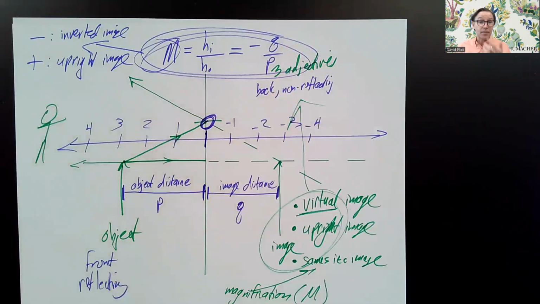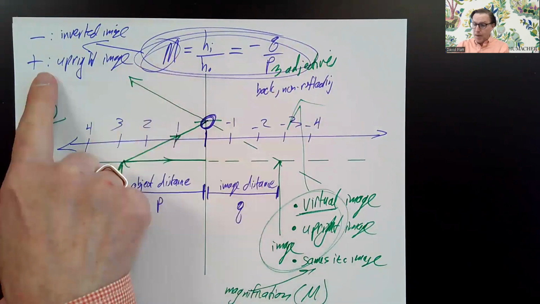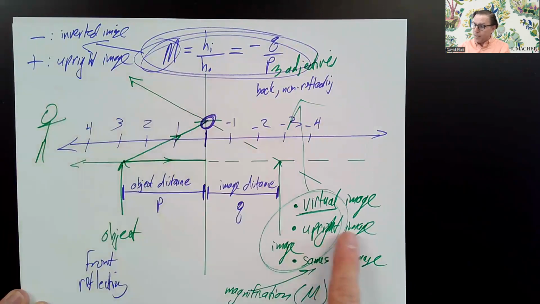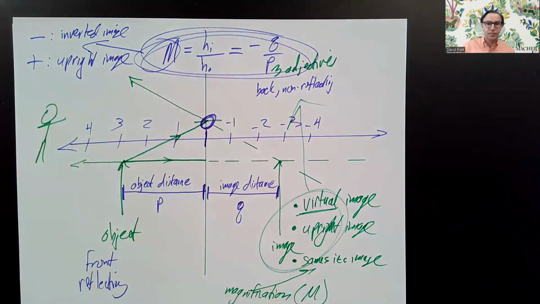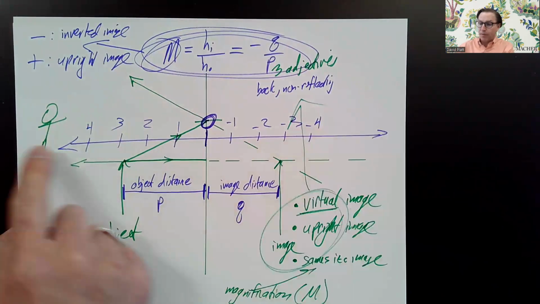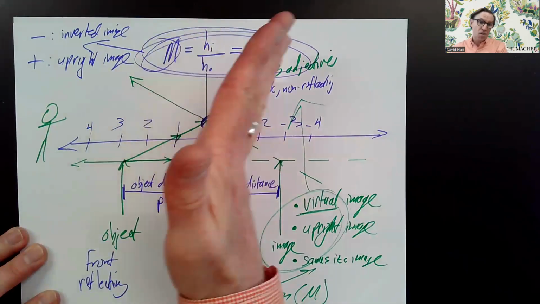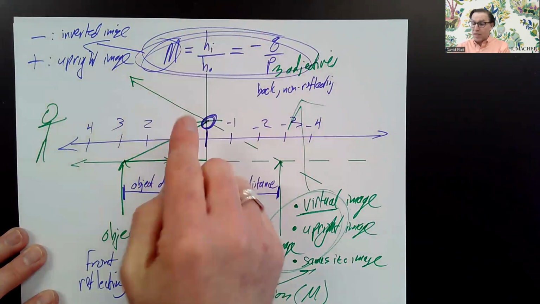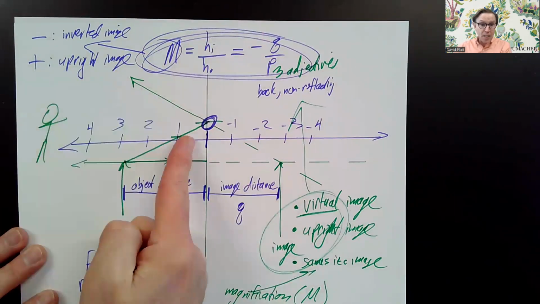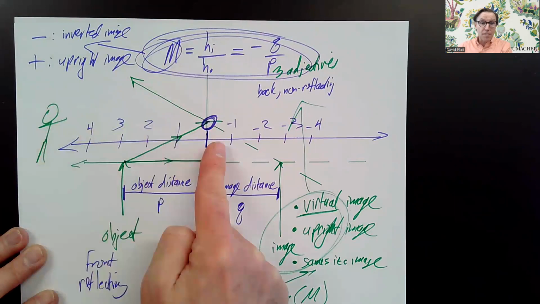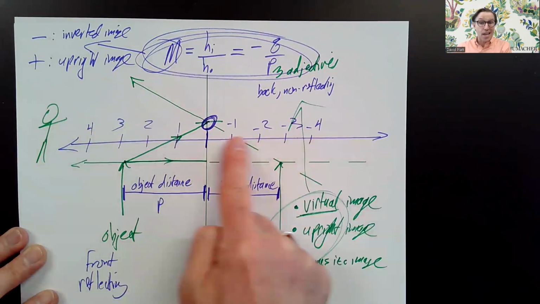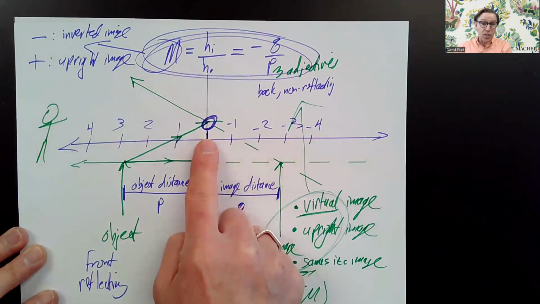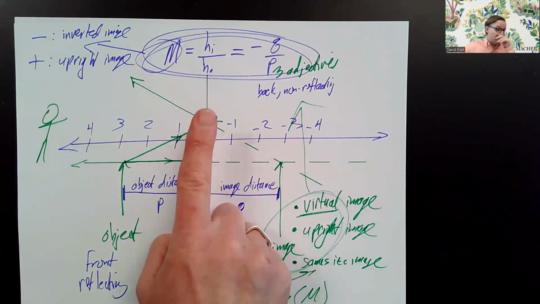It's +1, which gives me a positive upright image and a size of 1, same size image. So whenever we have a mirror, whether it's a flat mirror, a concave mirror, or a convex mirror, the front reflecting side has positive numbers, the back non-reflecting side has the negative numbers, and the origin is right there at the surface of the mirror.